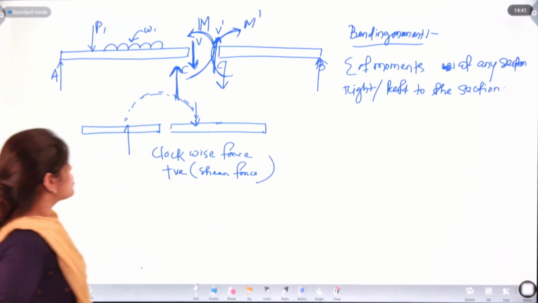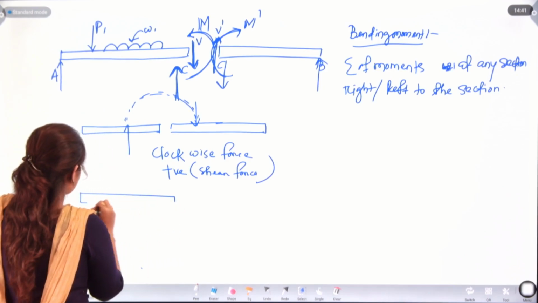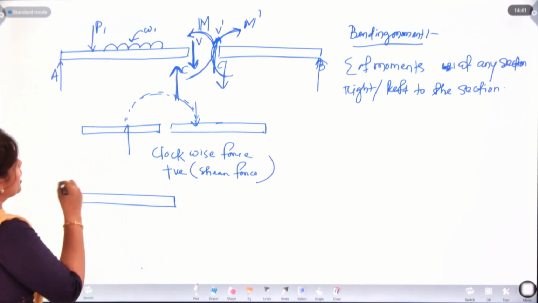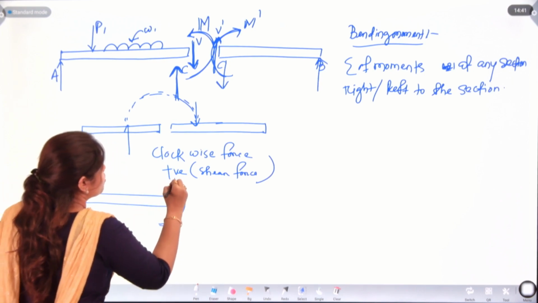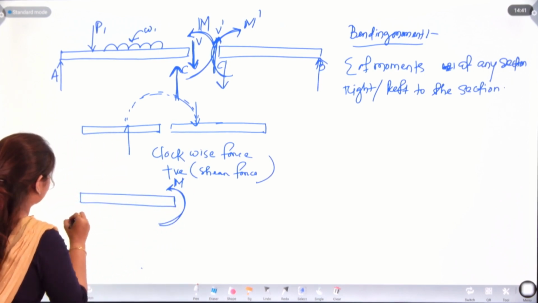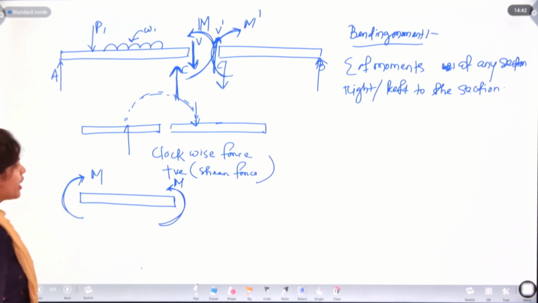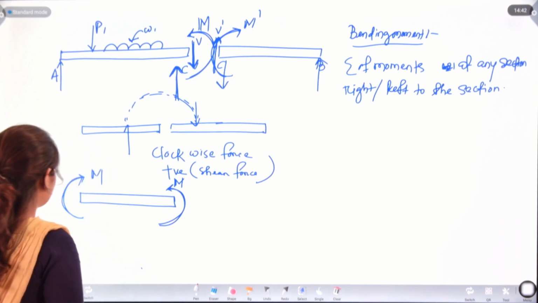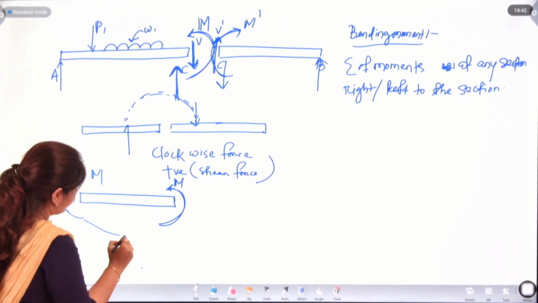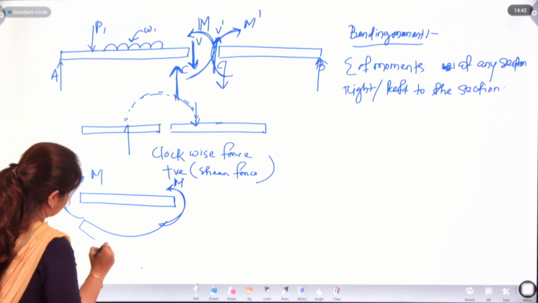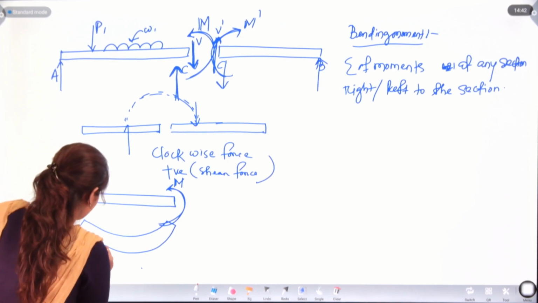Let's take this AC section. In the AC section we have an anti-clockwise moment, so here we will have a clockwise moment. If the moments act like this, the beam will bend like this. The beam will sag.